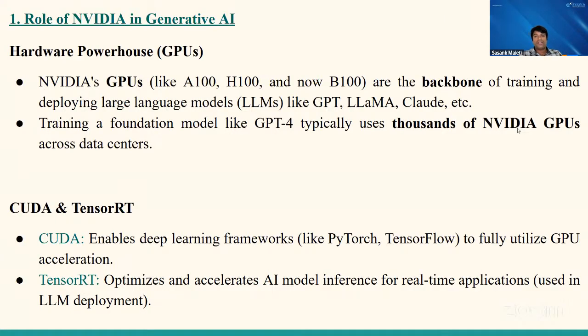There are a few chips like the A100, H100, and now B100. These are basically the backbone of large language models. We have understood LLMs, right? The LLM models like the GPTs, Llamas, and Claudes that you are using all use GPUs based upon these three technologies: A100, H100, and B100.